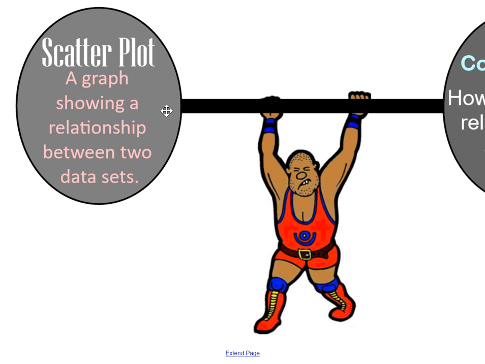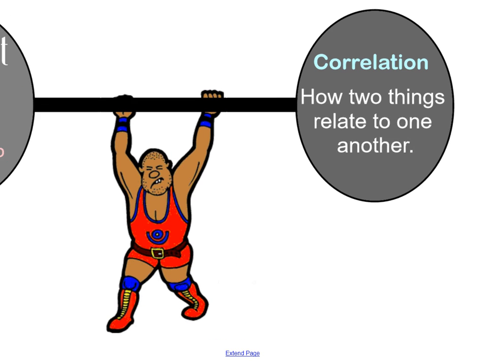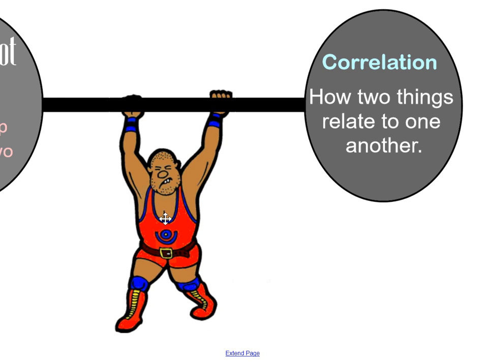A scatter plot is a graph showing a relationship between two data sets. If those dots on the scatter plot make a pattern, we say that they have a correlation. A correlation is how two things relate to one another.